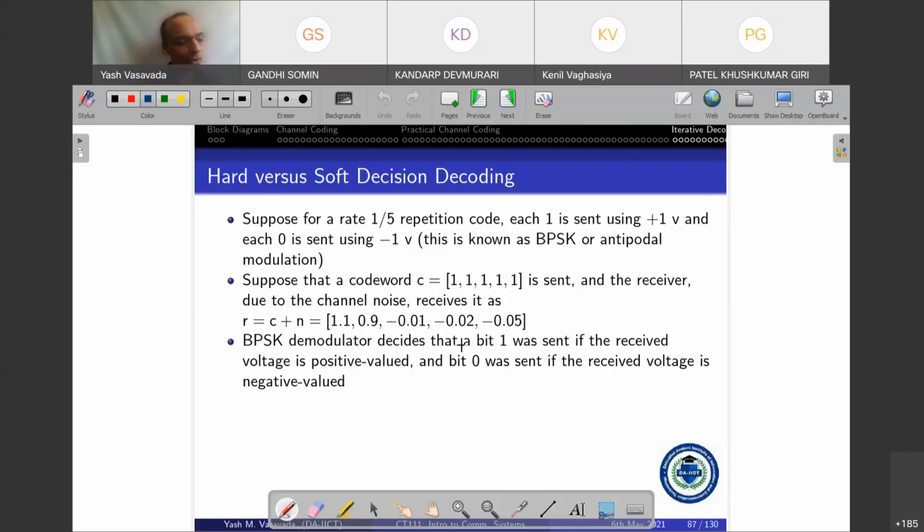Now, the other question is, suppose the received voltage is exactly at the decision boundary, like sitting right on top of the decision boundary, maybe R is exactly 0. Then what happens to the posterior likelihood ratio?